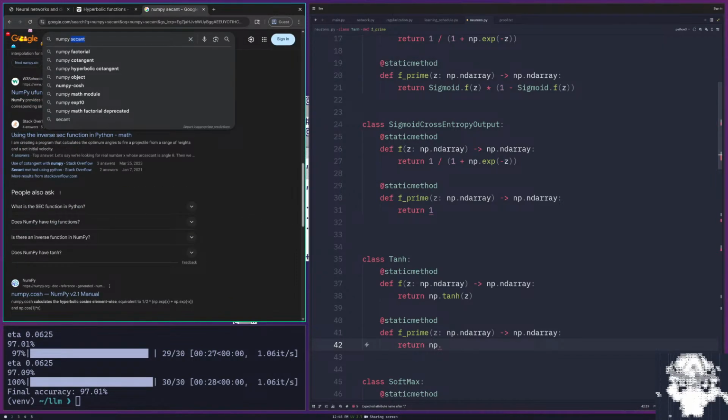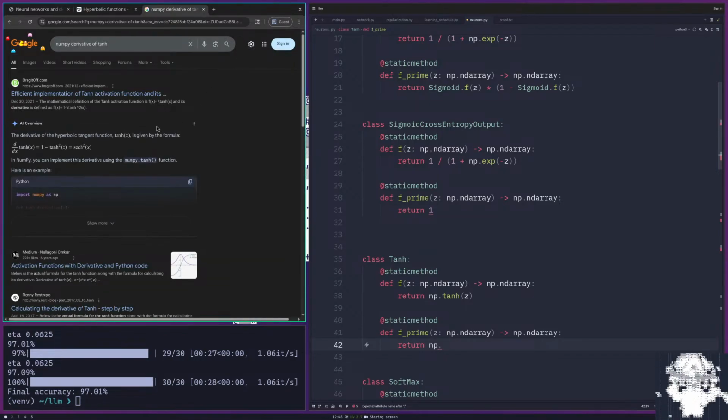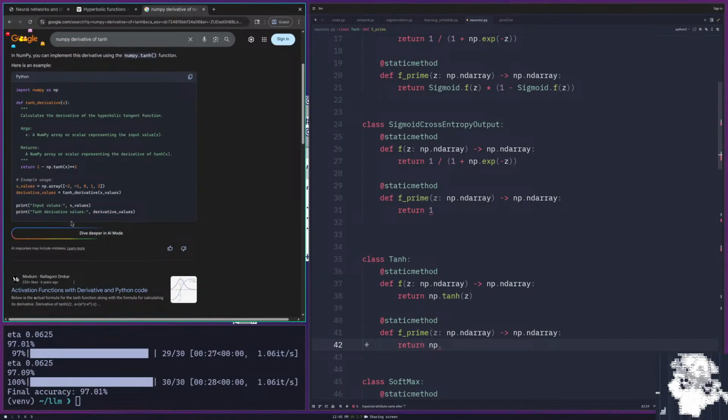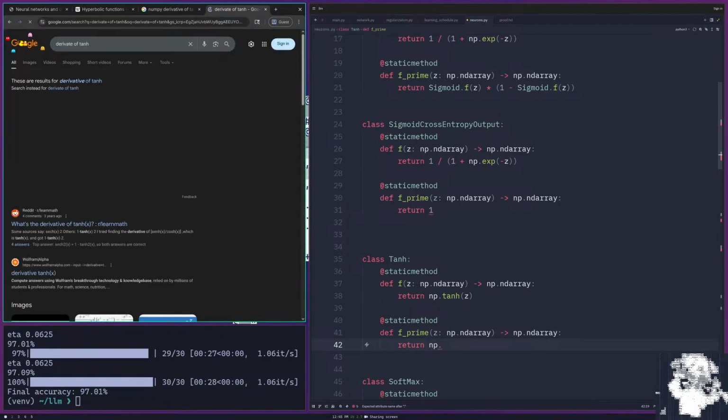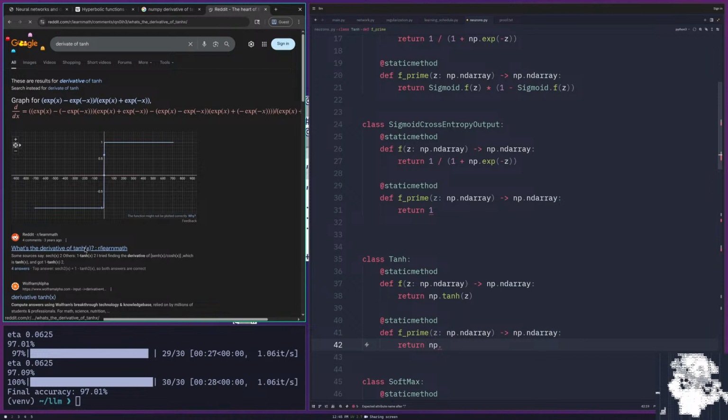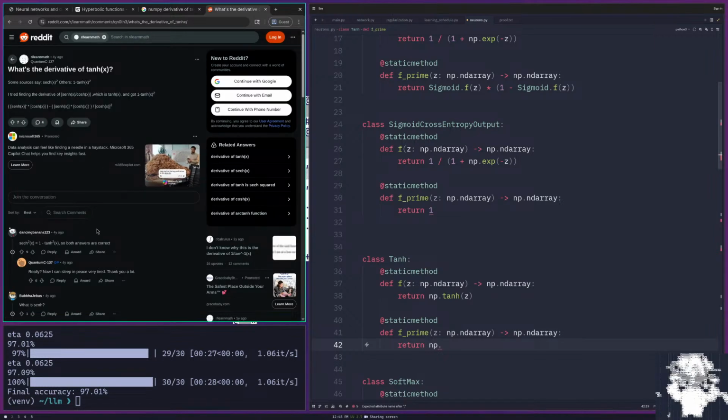Okay, how about just NumPy derivative of tanh? One minus the square of tanh? Is that even true? Derivative of tanh. I guess it is true. Okay.